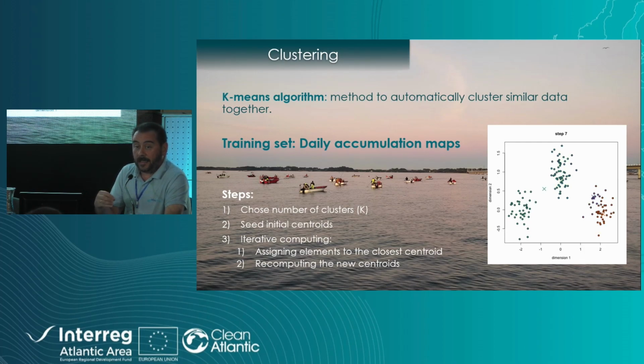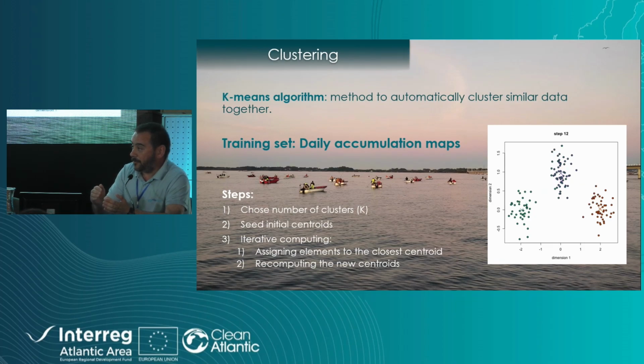This is a very simple algorithm. It's about choosing how many groups you want to select, and once you have selected the groups that you want to have, you start with a number of random figures, and then you classify situations based on the centroid parameters.